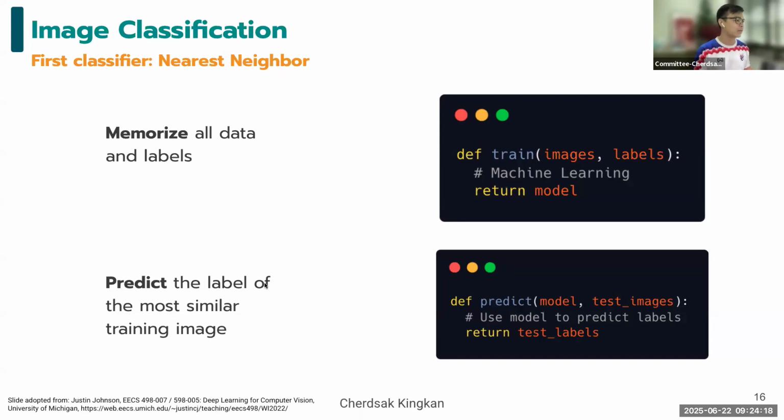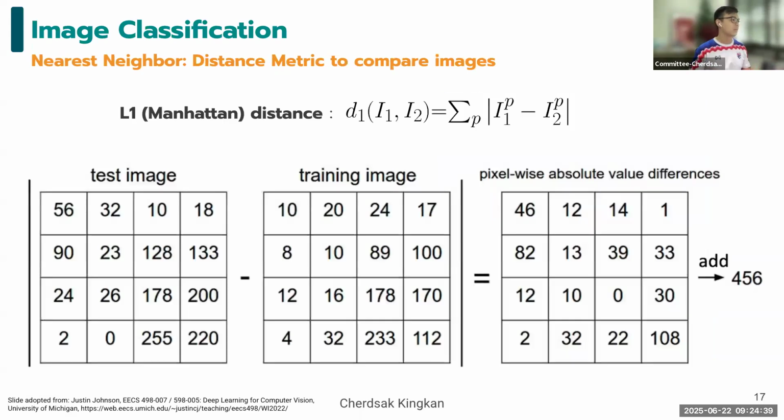But how? After it memorizes and we want it to predict, we said that it gives the most similar image. So how can we measure the similarity between the training image and the test image? The way we measure the similarity between images is called a distance metric, right?